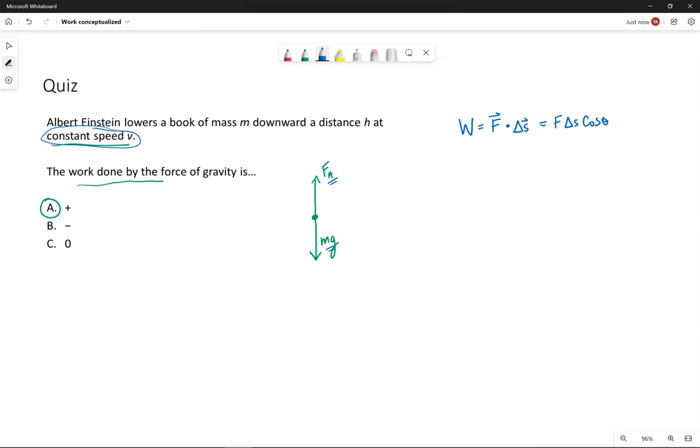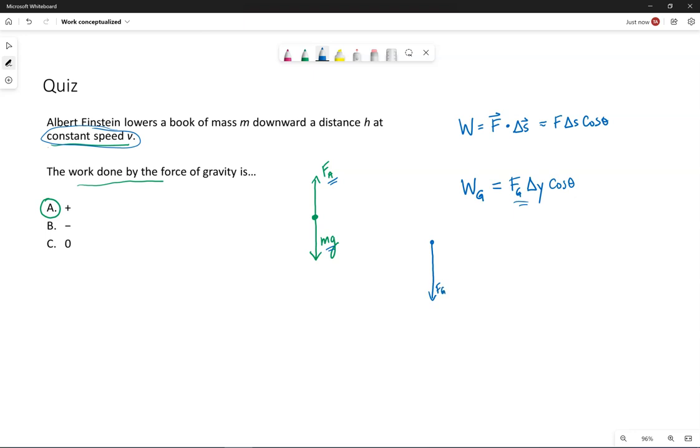So when we're talking about any one of these, the work done by gravity, I'm going to write that as W sub G. Work done by gravity will be the force of gravity times the delta y, because that is the direction the object is moving in. And when we leave this cosine of theta, I find it can be helpful if we go ahead and draw these two vectors starting from the same point.